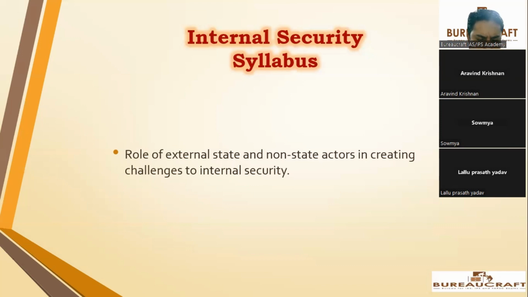So when you say non-state actors, it includes NGOs, terrorist organizations, international organizations, multilateral organizations, and then their sub-institutions. All these things come into play. So let's go to the next topic.